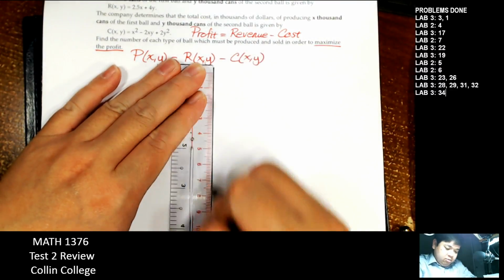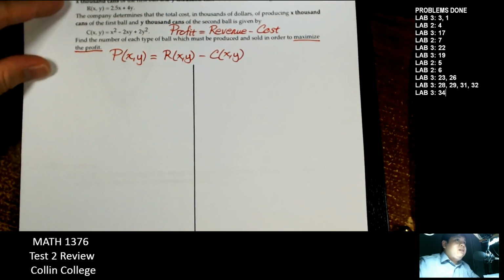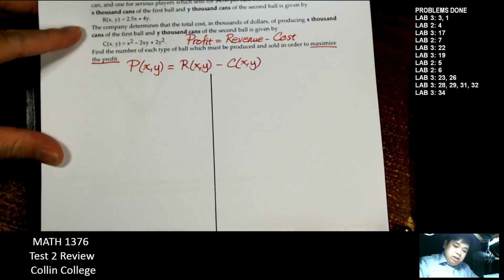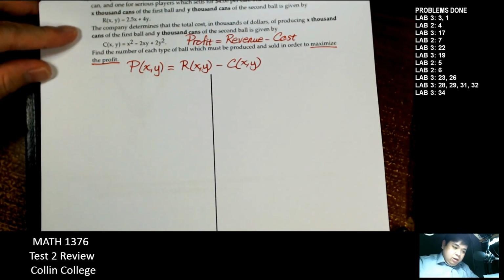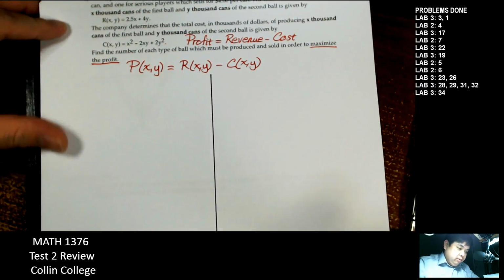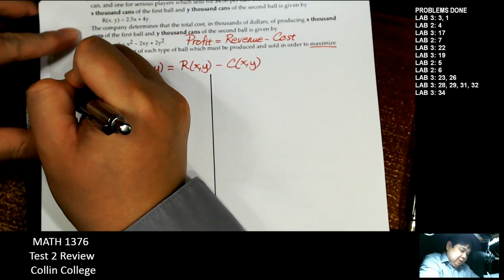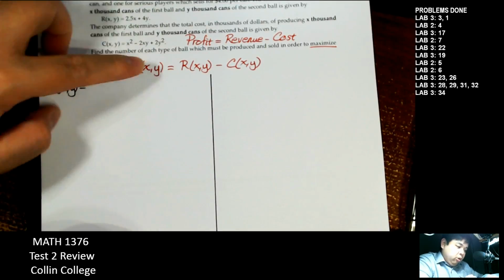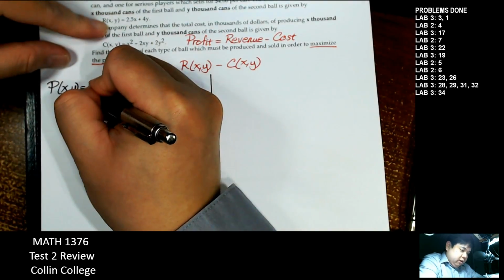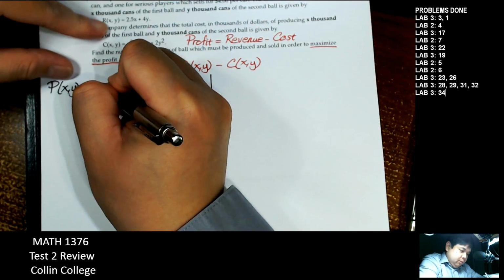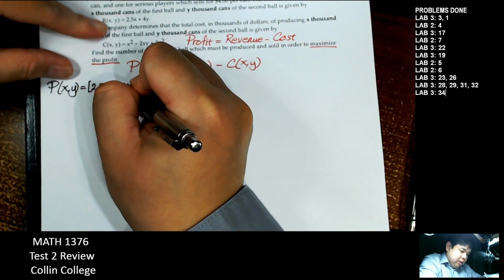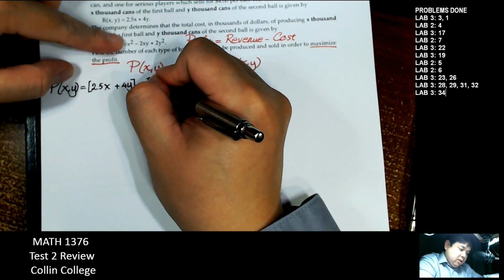Just like last problem, I just divide the page in half because that takes a lot of space. I just find the function first of all. Right, revenue 2.5x plus 4y minus the cost.